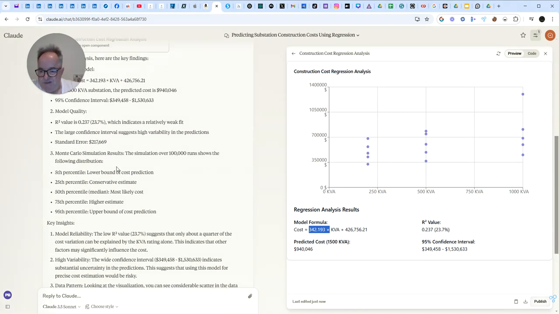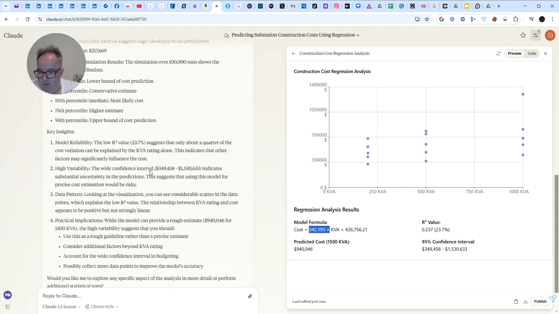So the Monte Carlo simulations, okay, it did run it. It ran it over 100,000. So the fifth lower bound, conservative, median, higher, upper bound, key insights, 23%, suggesting that only a quarter of the variance can be explained.